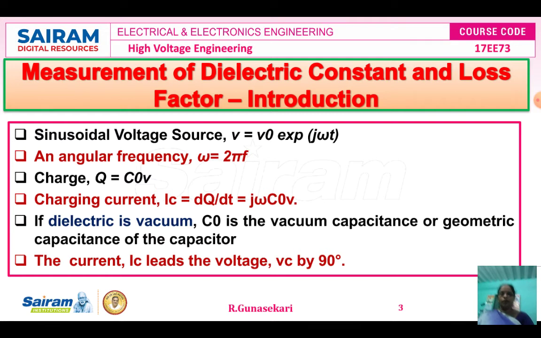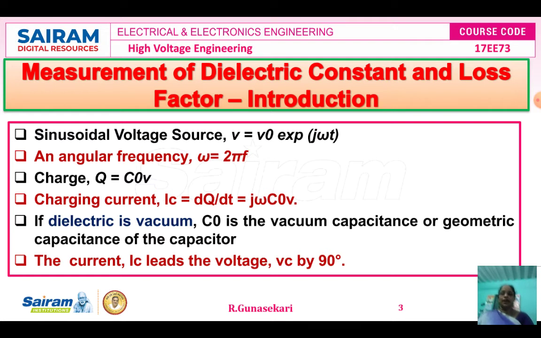The angular frequency is determined by the formula omega equal to 2 pi f. The capacitor has a charge Q, calculated as C0 into V. The charging current IC is calculated as IC equal to dQ by dt, that is equal to j omega C0 V.